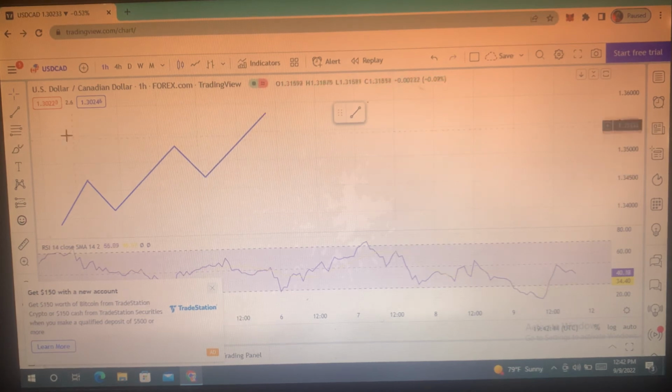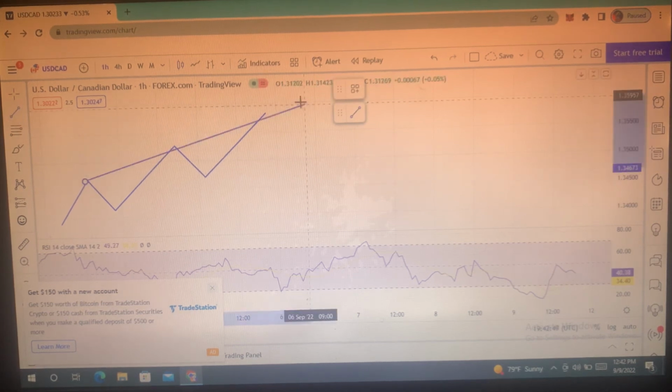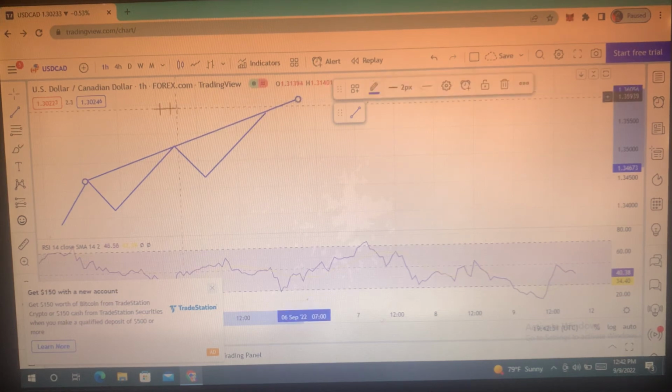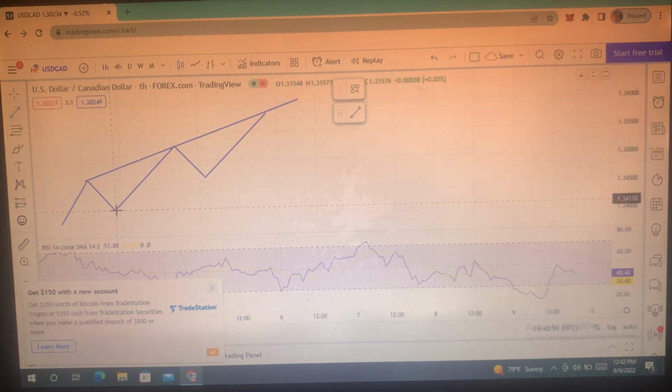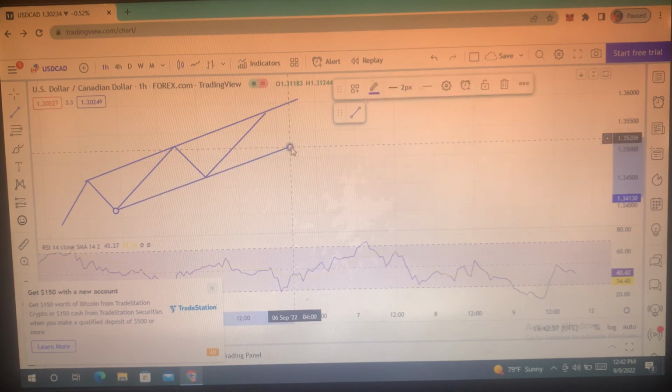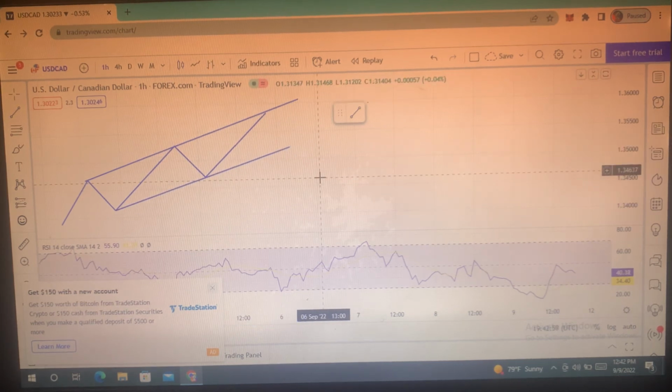Okay, so trend line, if I bring my trend line, I'll take from here up. I can take from here up. Now there are two types of zones in the market. We have the support zones and we have the resistance zones. The support zone is where the market makes the decision to buy, and the resistance zone is where the market makes the decision to sell.